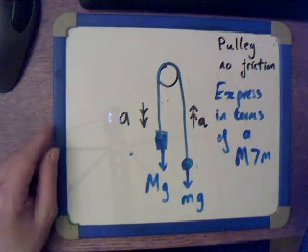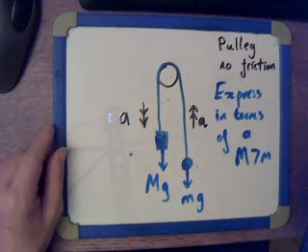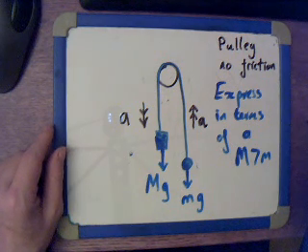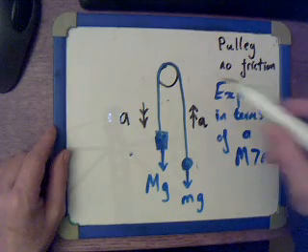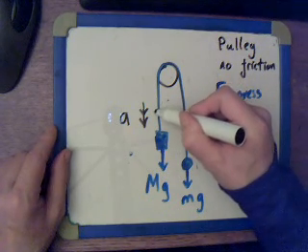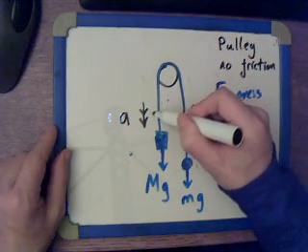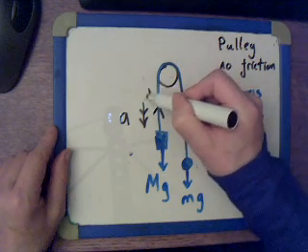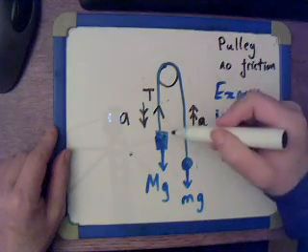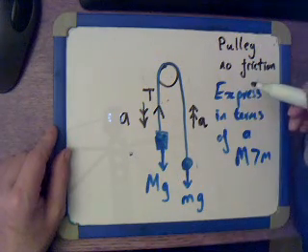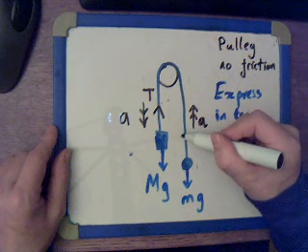Now the other forces acting on these masses is the tension in the string, and because the pulley has no friction, we're going to represent it as the same tension. So if this has got a tension T acting up there, then with a string the tension is always the same throughout the string.